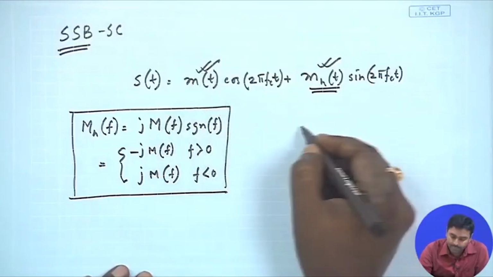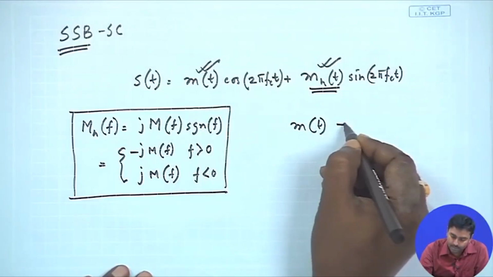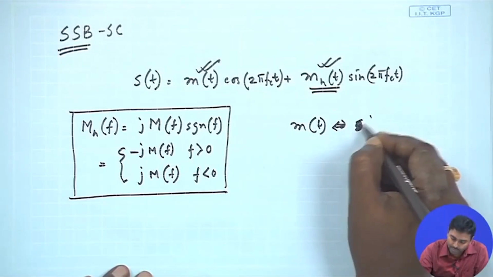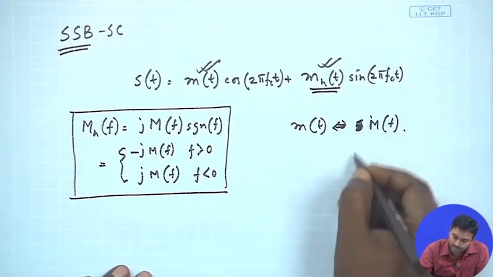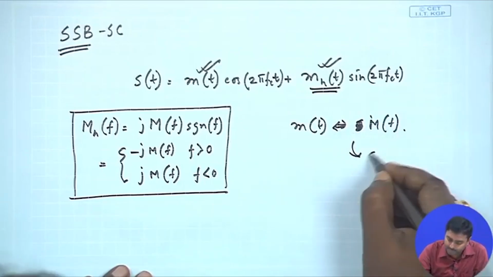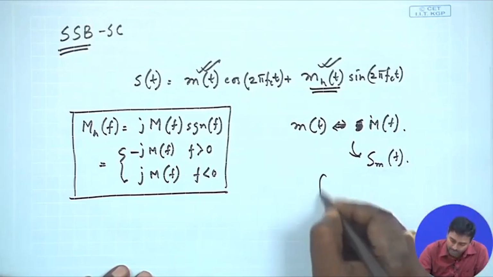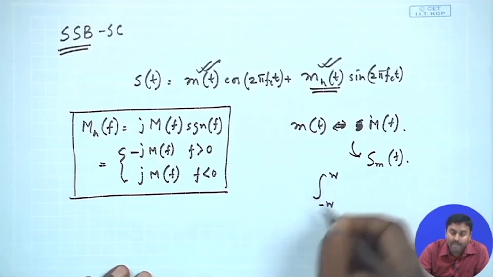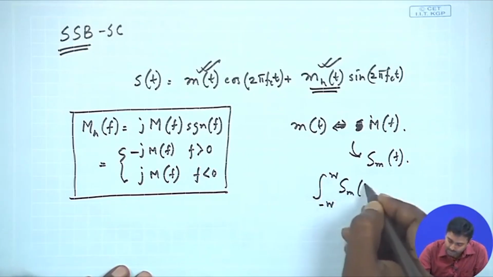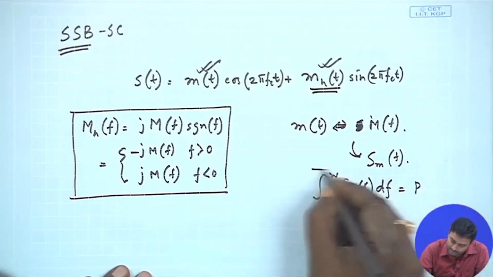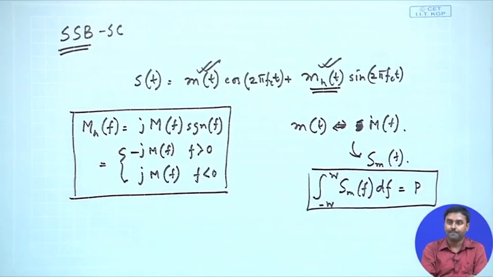We know that m(t) has a corresponding Fourier transform M(f), and it has a corresponding power spectral density which is S_M(f), right. And we also know that it is a band limited signal, and the integral of S_M(f) from minus W to plus W, this is something we keep on telling, that is P, that is something we know.